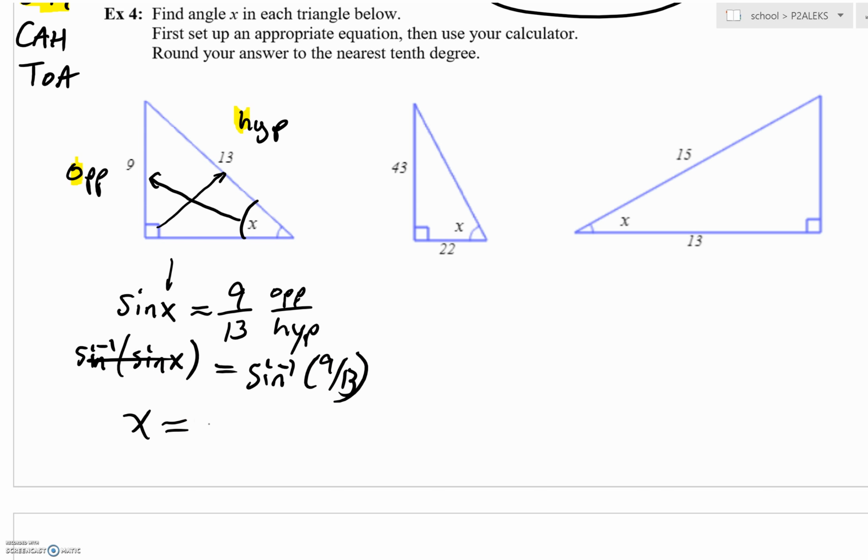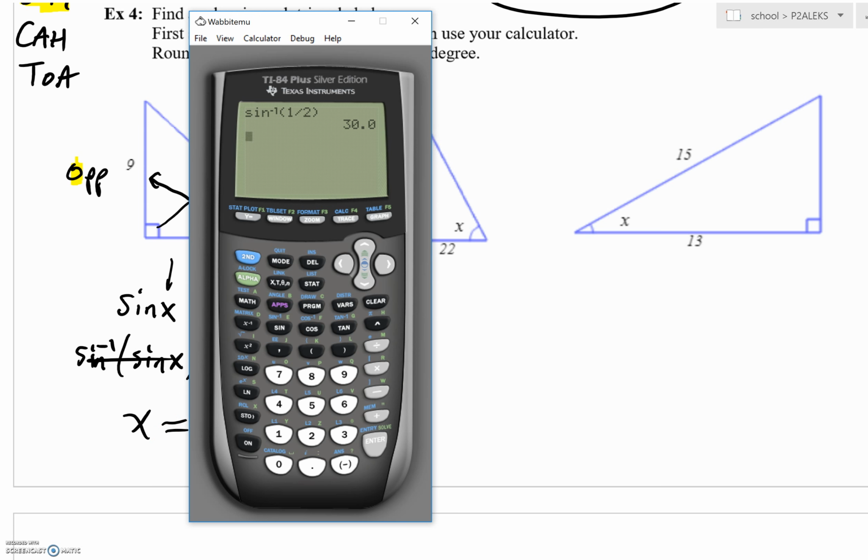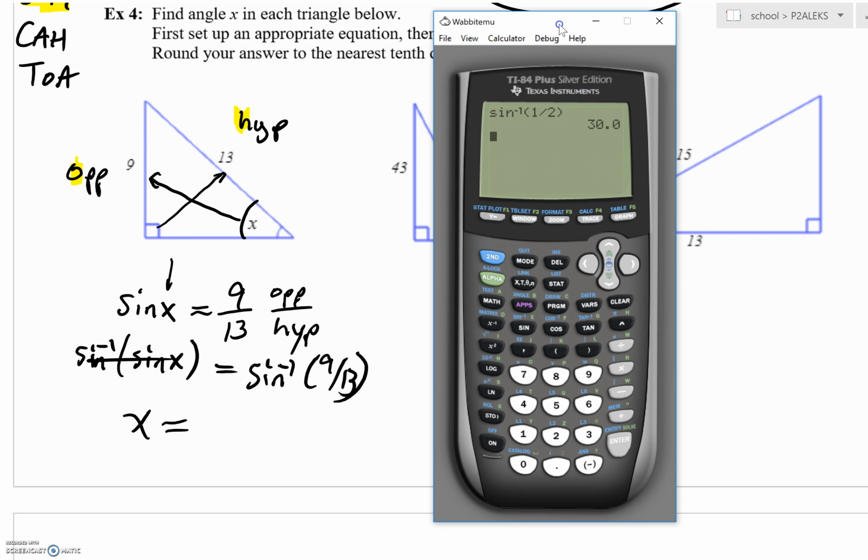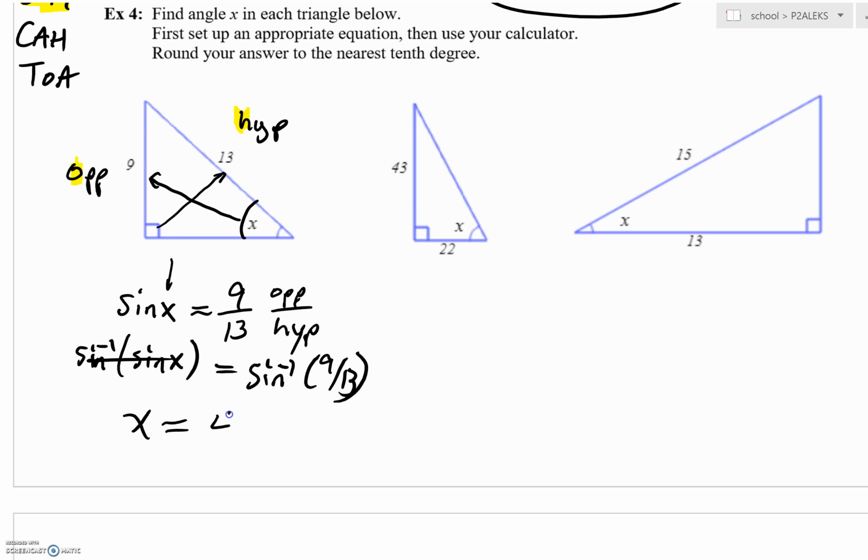And guys, right now, all you got to do is just carefully type in second sine of 9 over 13, and then you get your answer. It's 43.8 degrees. 43.8 degrees, you are done.